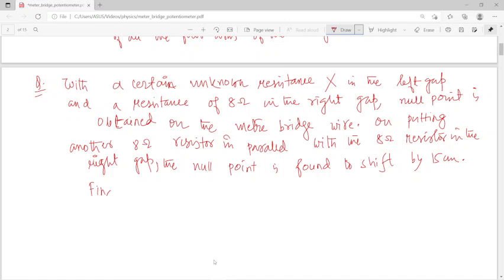Find the value of x from this observation.